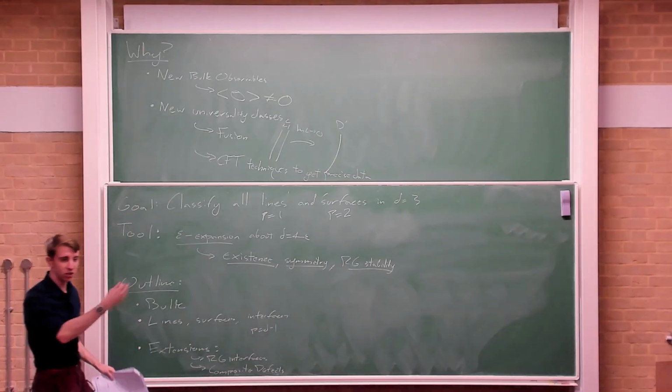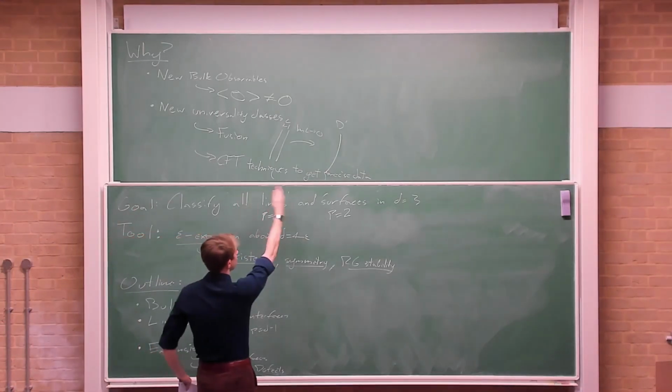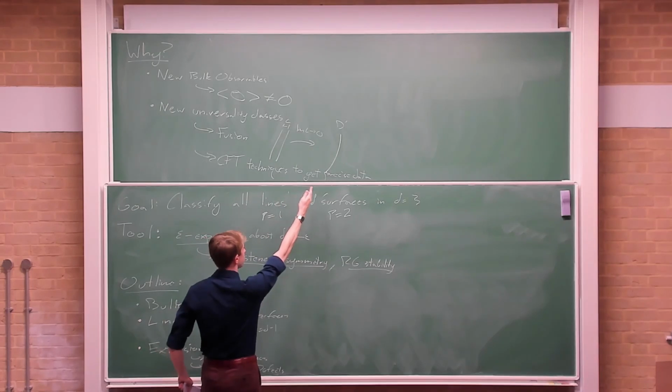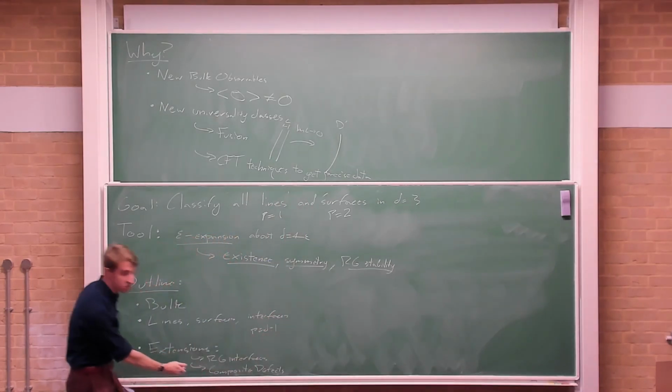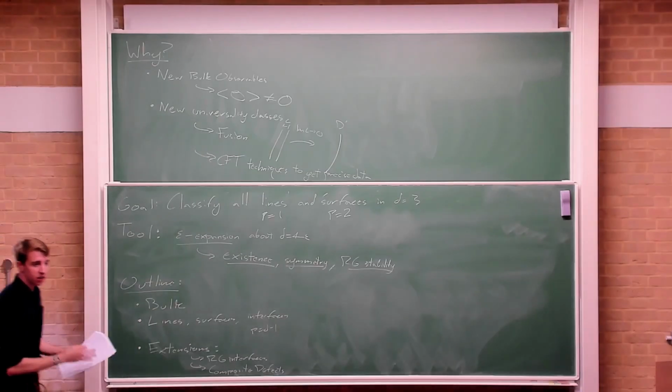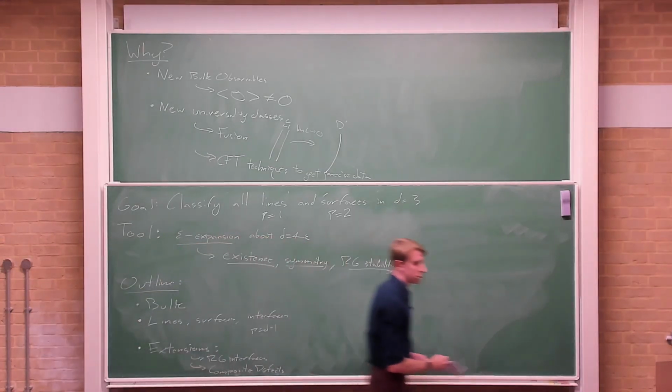So you're trying to fuse, say, a surface and a line. You can't get that won't look like just a surface or just a line. Instead, it will look like one of these composite defects where you have a line inside of a surface.